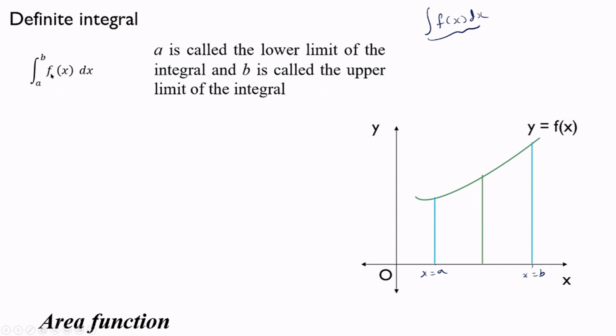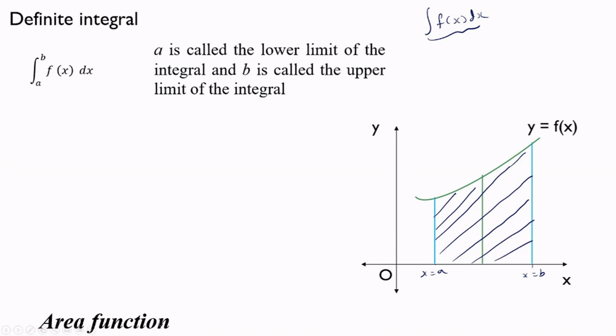This integral a to b f of x dx is nothing but the area between the x-axis, the ordinates x equal to a, x equal to b, and the curve y equal to f of x. So integral a to b f of x dx is the area bounded by this region. So this is the meaning of definite integral.